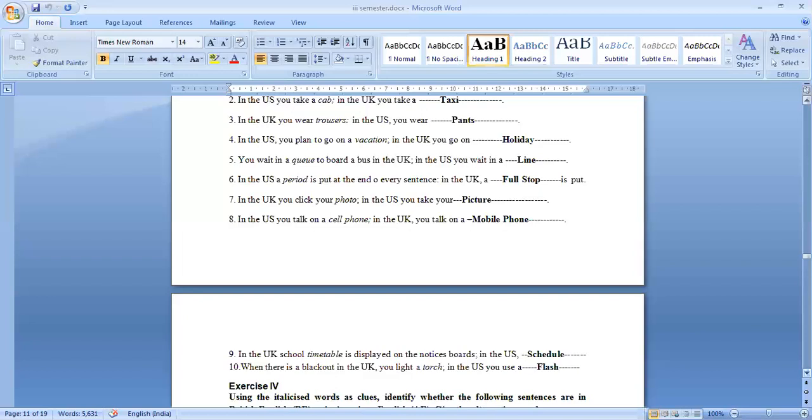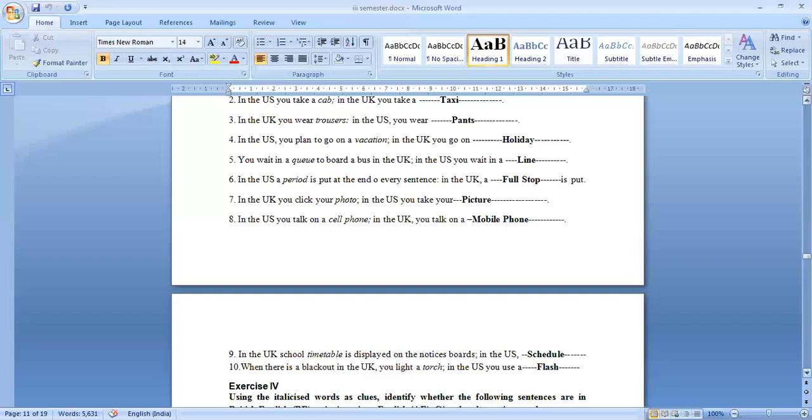But Americans use another word for this torch. They use the word flash. So flash is the American equivalent to the British torch. So in this way, the British people and the American people use different words to refer to the same thing.